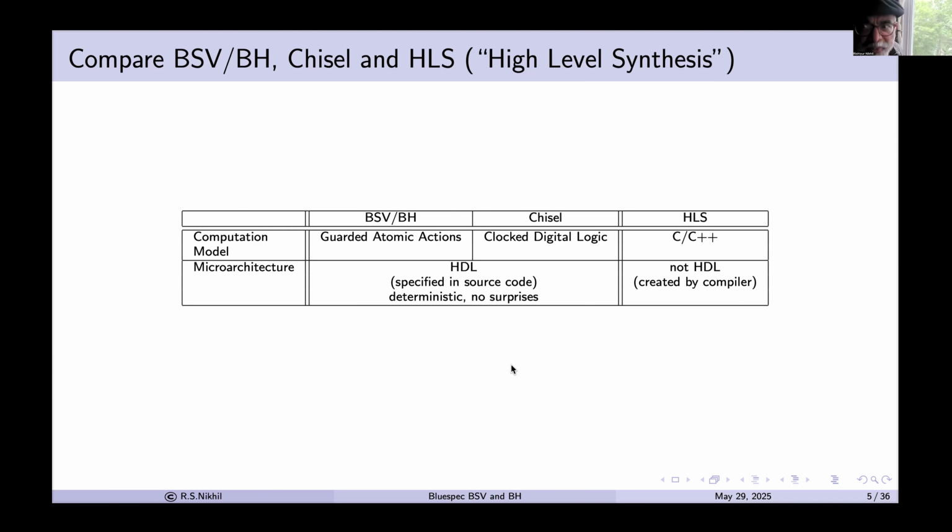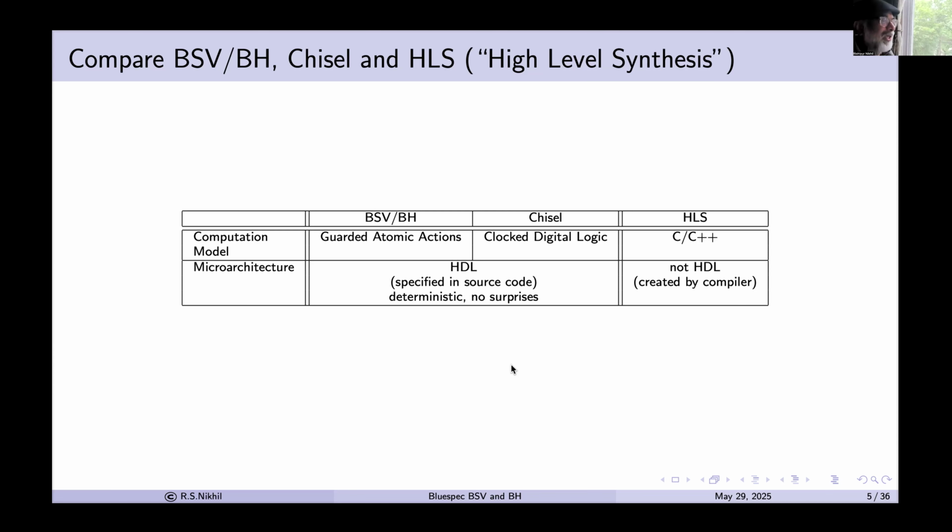Well, the abstract view, and you'll see it in the examples I'm going to be showing you, is that the hardware designer is thinking in terms of guarded atomic actions, right? So first, let me separate out the computation model of the vehicle you're using versus the computation model of what you're describing. Even in Chisel, Scala has its computation model, right?